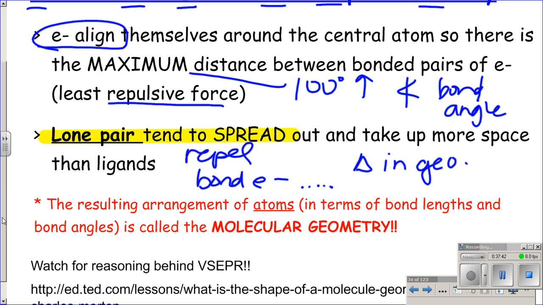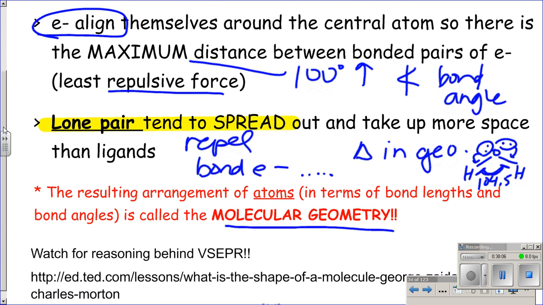Because like I said, with water, the reason we draw water as bent is because these lone pairs are doing some repelling, which causes this angle here to drop down to 104.5. So it was a tetrahedron, which was 109.5, but it drops down. Kind of looks like a happy face, actually. Okay, so that's going to affect the molecular geometry, the bond angles specifically.